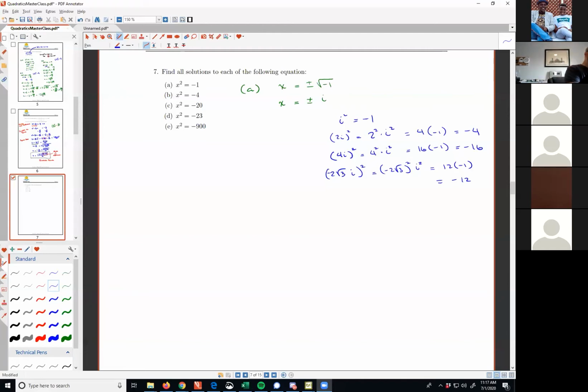Okay, what are the solutions to B? 2i. Good. What about part C? Plus or minus 2√5i. Good.